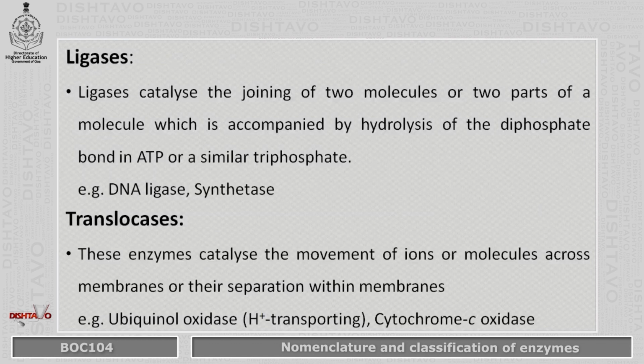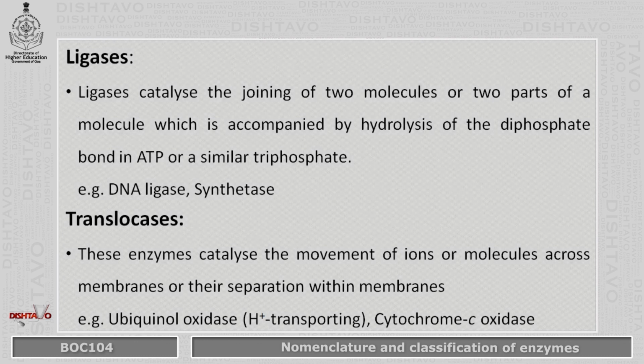Ligases are enzymes that catalyze the joining of two molecules or two parts of a molecule, which is coupled by hydrolysis of the diphosphate bond in ATP or a similar triphosphate. DNA ligase and synthetases are enzymes belonging to this class of enzymes.